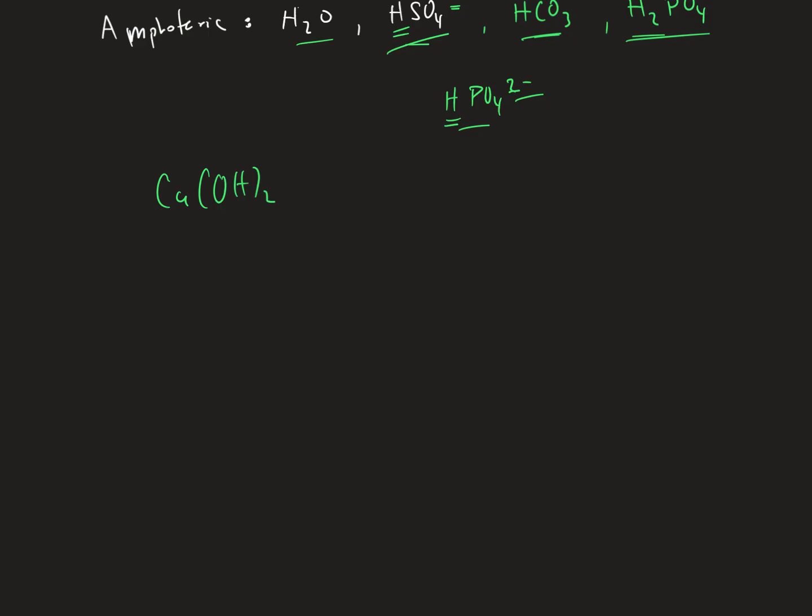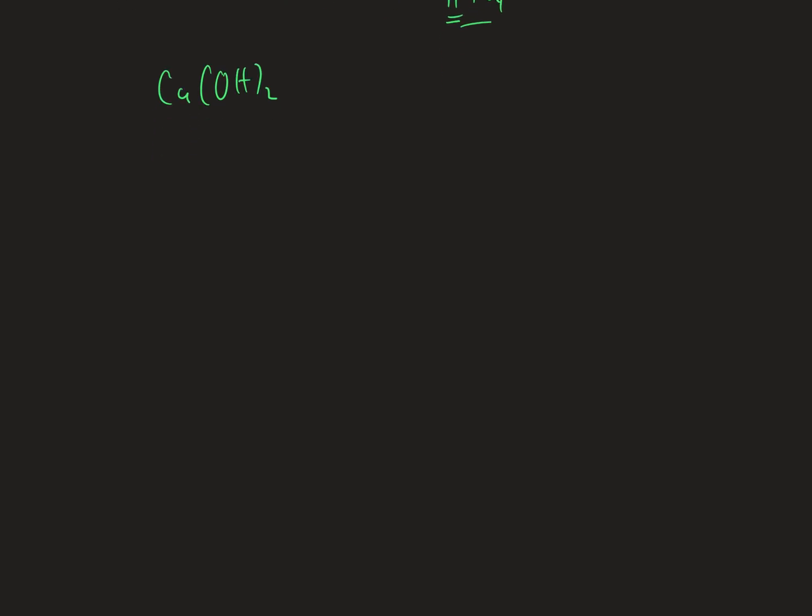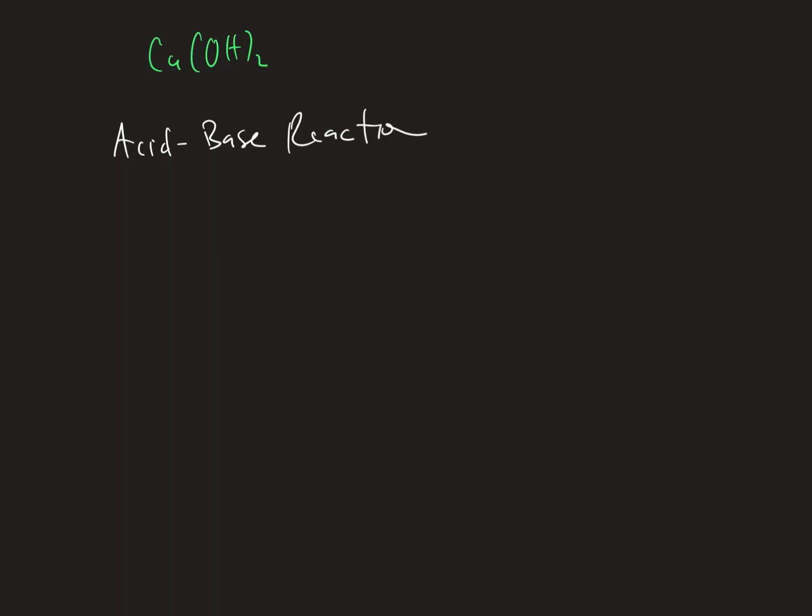So now let's take a look at acid-base reactions, unless we have any questions up to this point. We learned about one type of acid-base reaction already. It's called a neutralization reaction, and that's when we have a strong acid reacting with a strong base.